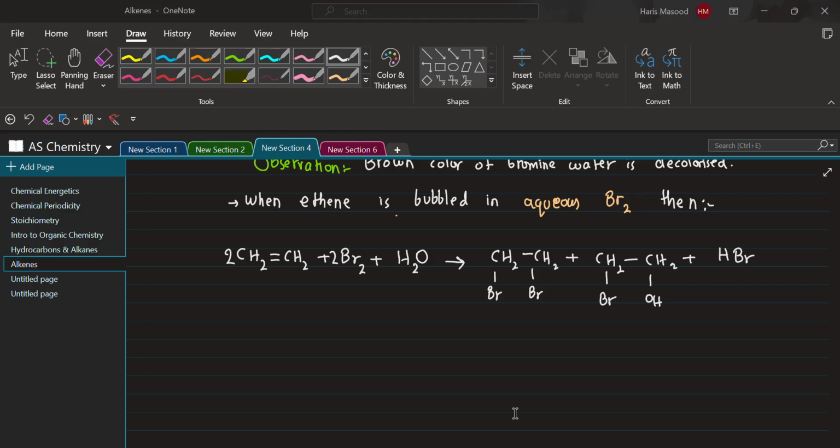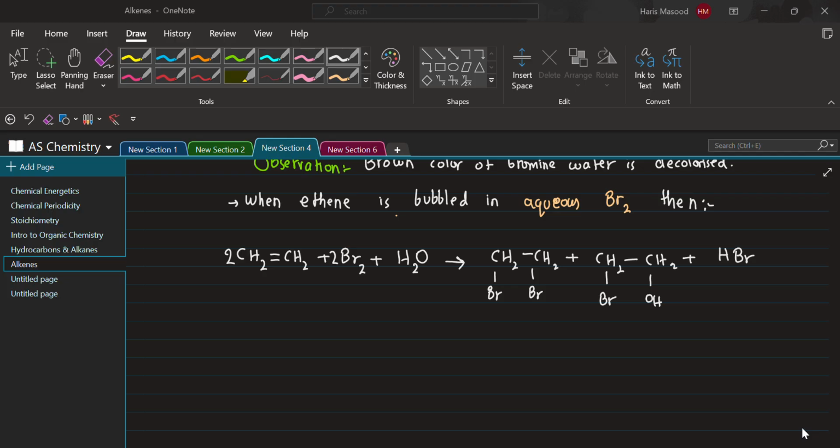Then you have addition of hydrogen halides. For hydrogen halides, what we can write here is that this one is also quite easy.